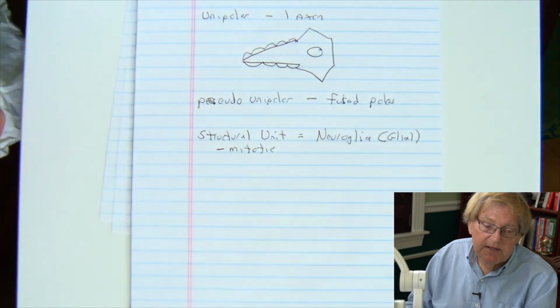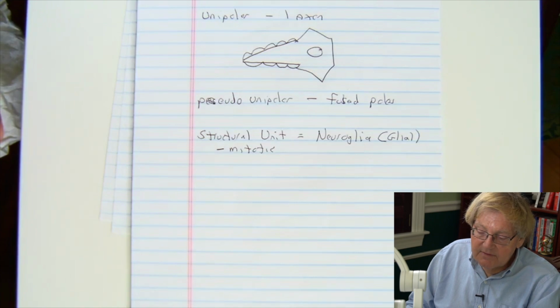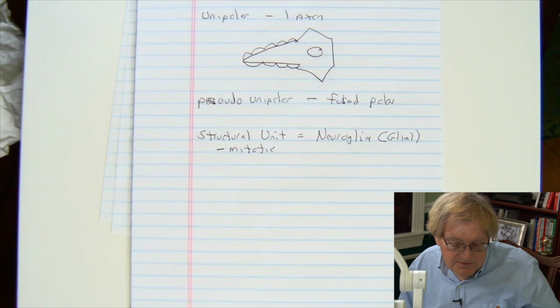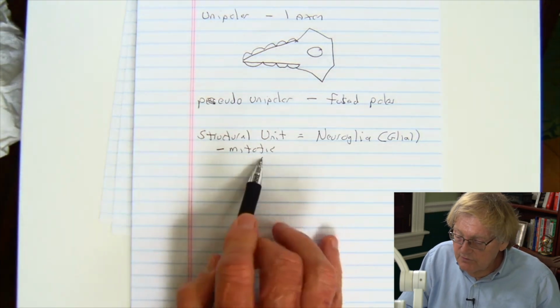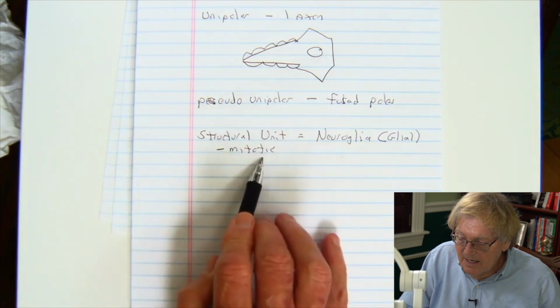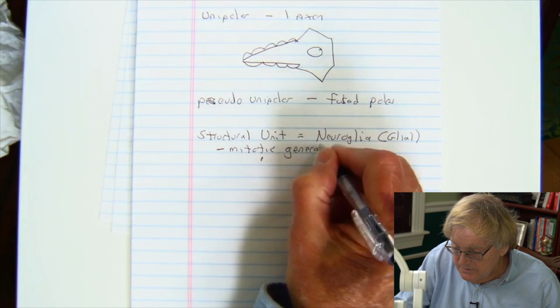So when you think of the neurons, as a general rule, I always use that word general rule because there's always exceptions to the rules, is that structural units or neuroglia are mitotic, and I'm going to use the word generally because there are some exceptions.